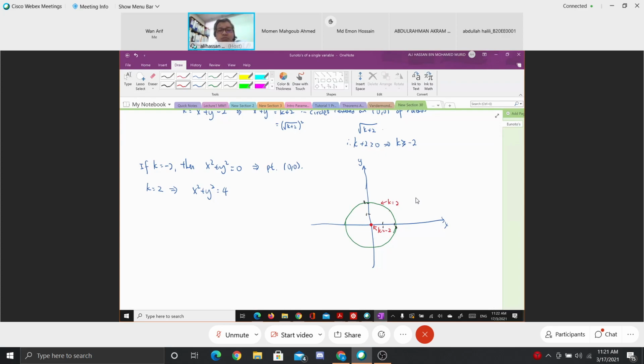If I choose k equal to 7, I will get x squared plus y squared equal to 9, isn't it? So it is a circle of radius 3. We draw another circle centered at 0 of radius 3 here.